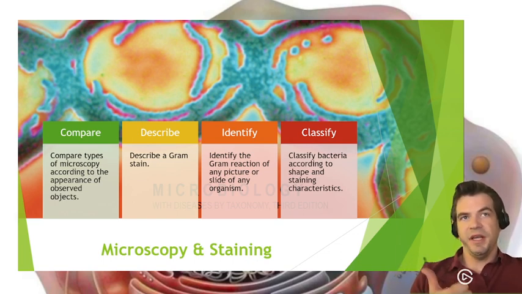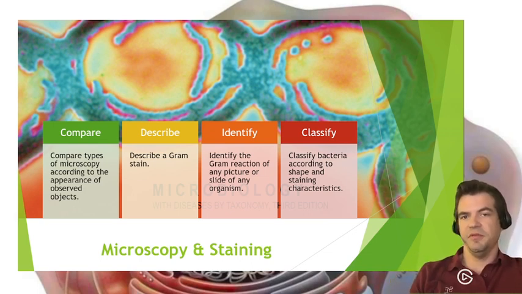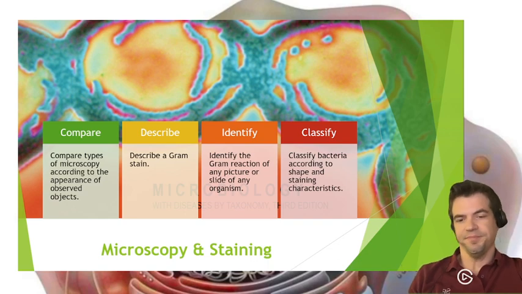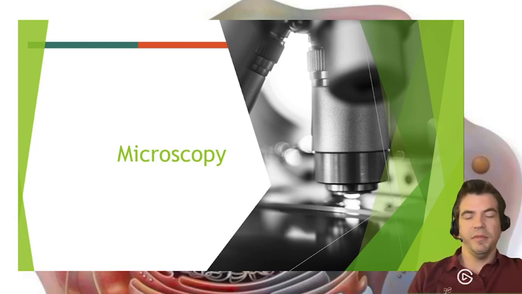For the staining part, you'll want to see if it is purple or if it is pink, reddish or purple. It'll always be a deep purple in the lab, so you shouldn't be able to question whether it's positive or negative. Trust me. All right, so as promised, our first part is going to be microscopy.